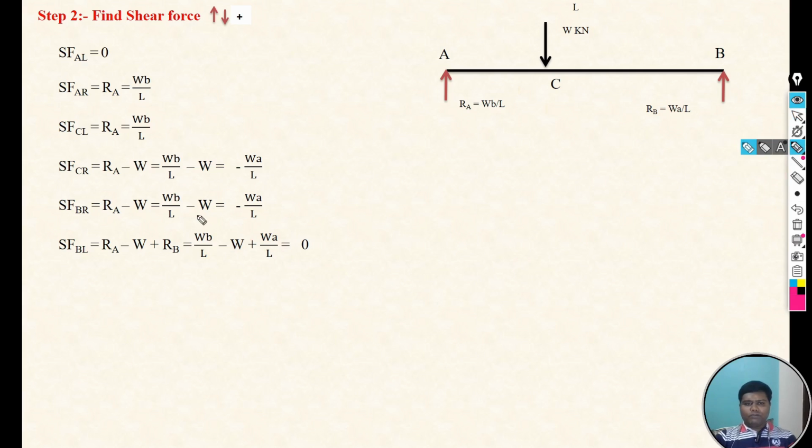For solving this equation, we will get the shear force at B right as 0. How? That is WB by L, just take the cross multiplication.